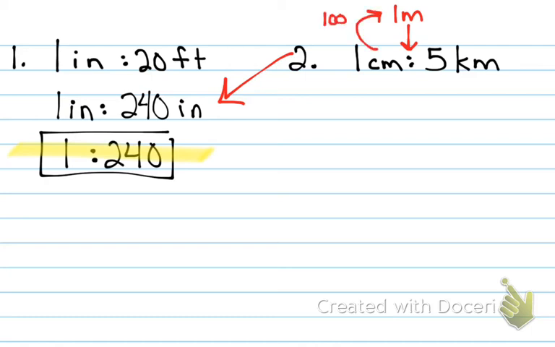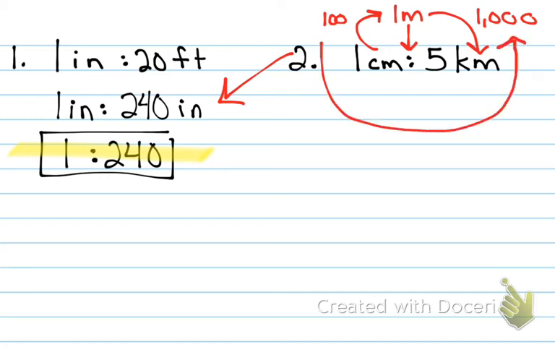How many meters are in a kilometer? 1,000. So here's what you do. 100 times 1,000. What's 100 times 1,000? That's 10 times 1,000. It's 100,000.